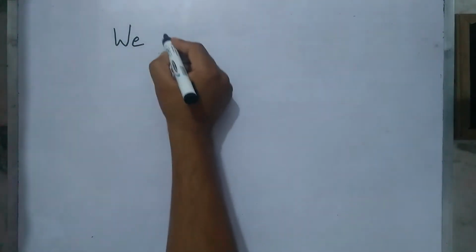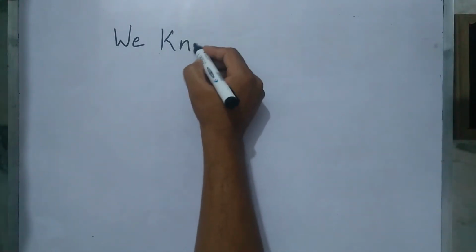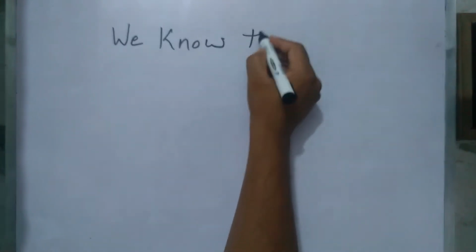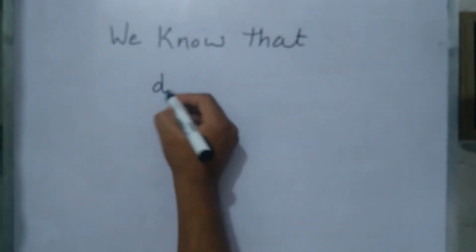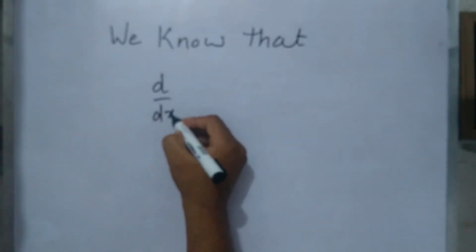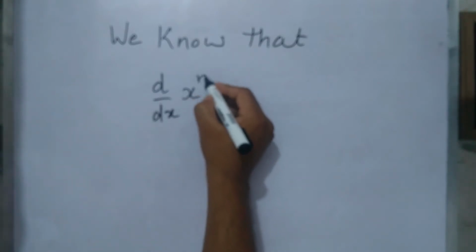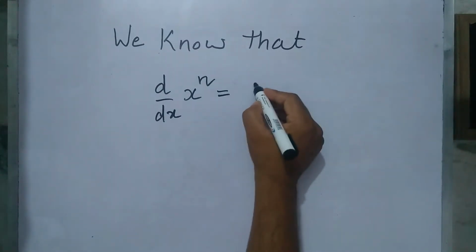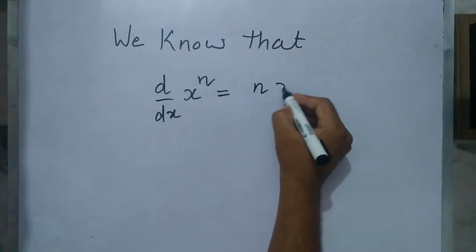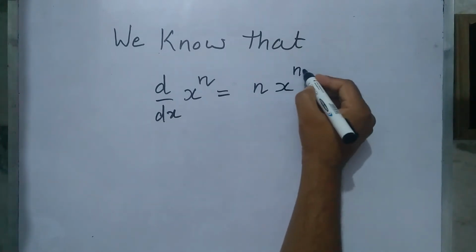We know that derivative of x raised to power n is equal to n into x power n minus 1.